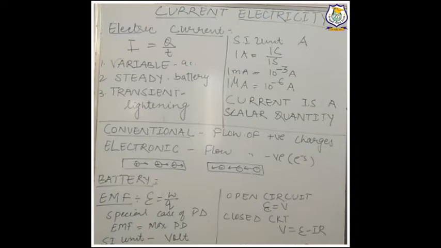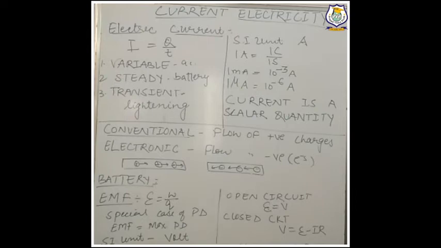Now we can define it as the rate of flow of charge. So I is equal to Q by T, or we can say charge per unit time is called current.